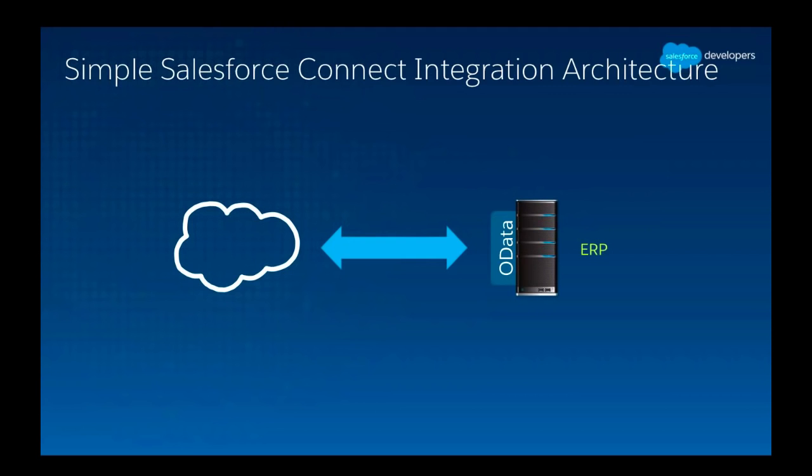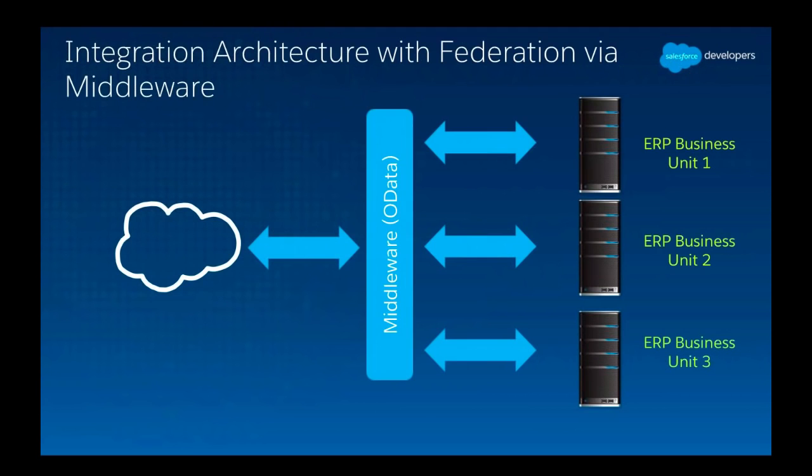A lot of vendors these days support OData as a standard. On the other hand, maybe you're in a more complex environment where you don't have just one ERP system. You have 2 or 3 or 4 of them, and you might have middleware to federate those, and then you can have the middleware present an OData endpoint. So that's an alternative as well.